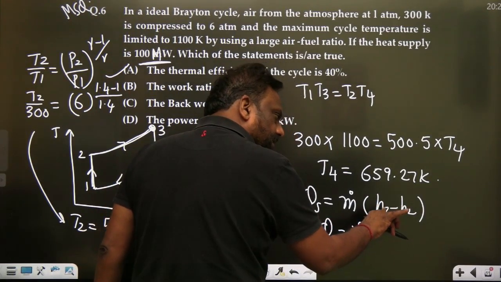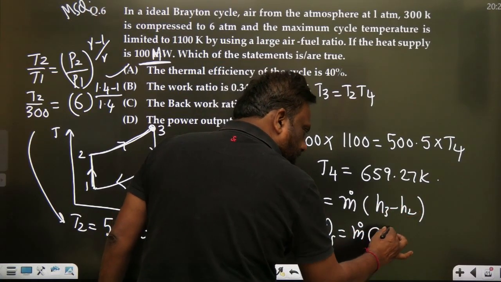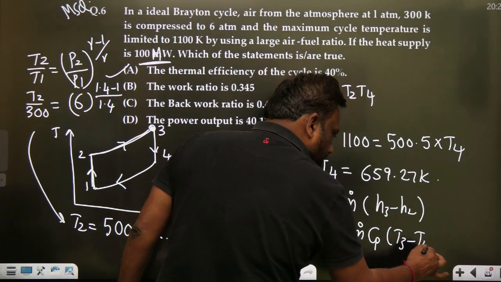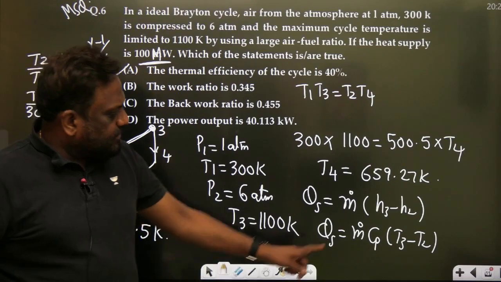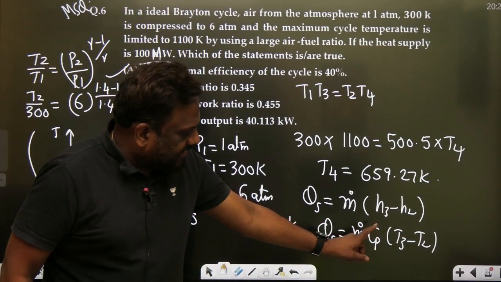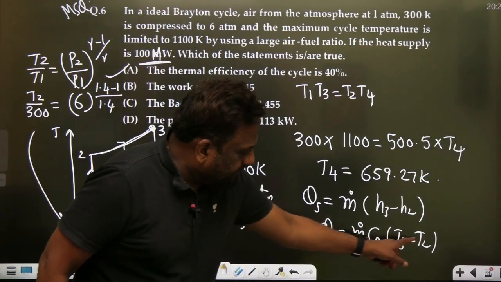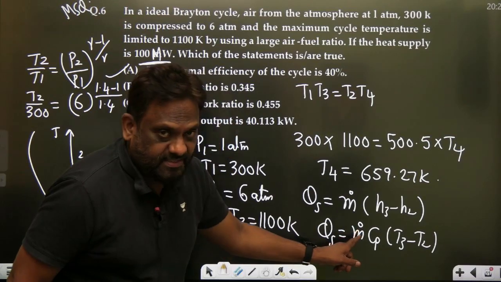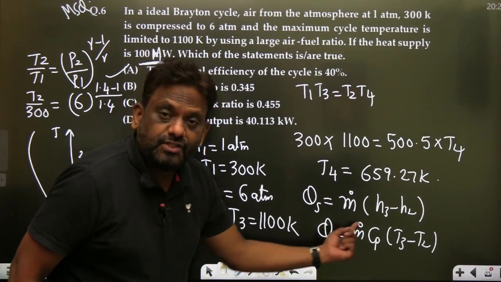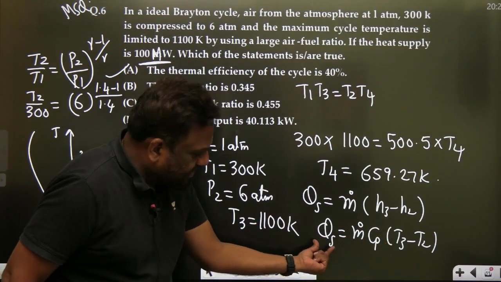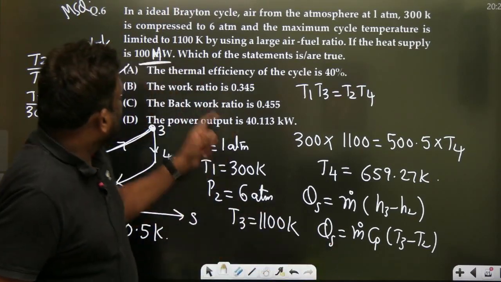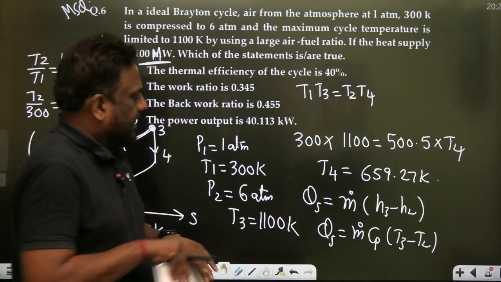Enthalpy can be written as Cp T, so Cp is taken out, it will be T3 minus T2. One more thing. The specific heat is in kilojoule per kg per Kelvin. So you will get this value in kilowatt if the mass flow rate is in kg per second, but the heat is in megawatt. Units are not matching, so convert this into kilowatt.